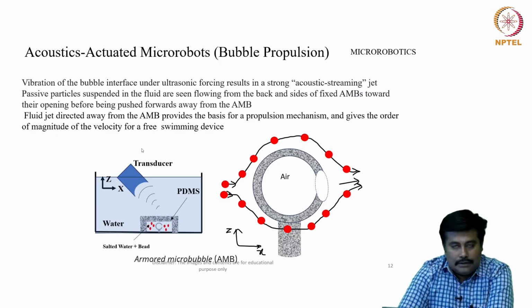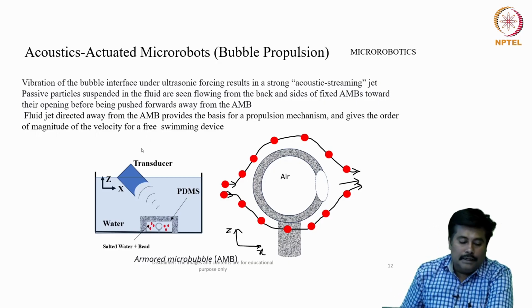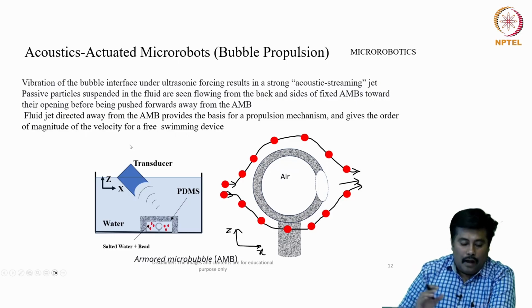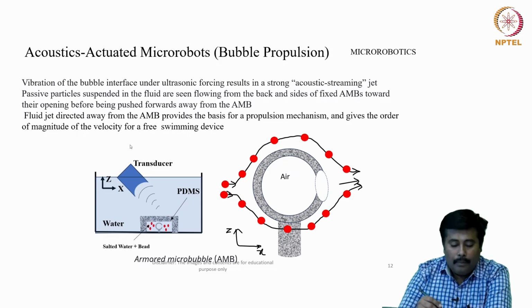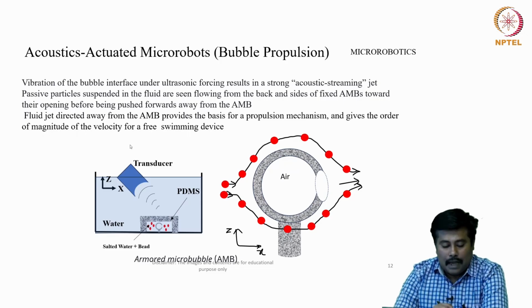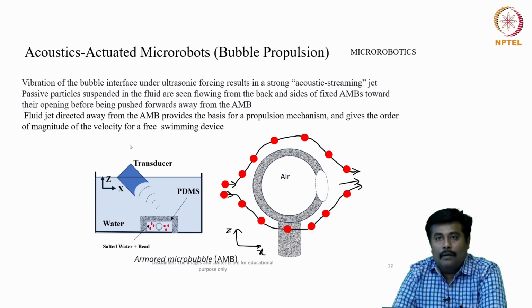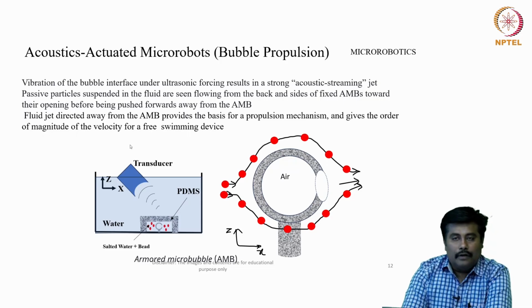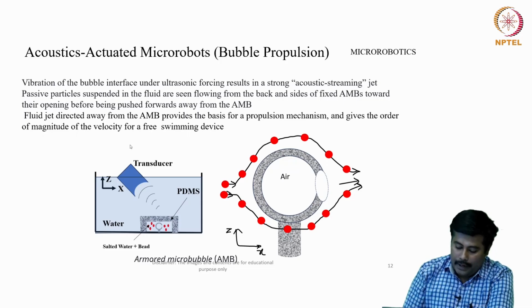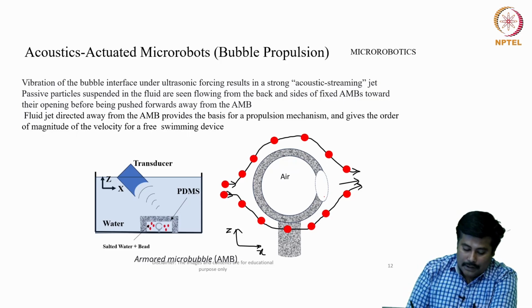In this case, the fluid jet is directed away from the armored microbubble, and basically this armored microbubble provides the basis for a propulsion mechanism, and it gives the order of magnitude of the velocity for a free swimming device. So, ideally this is the arrangement.